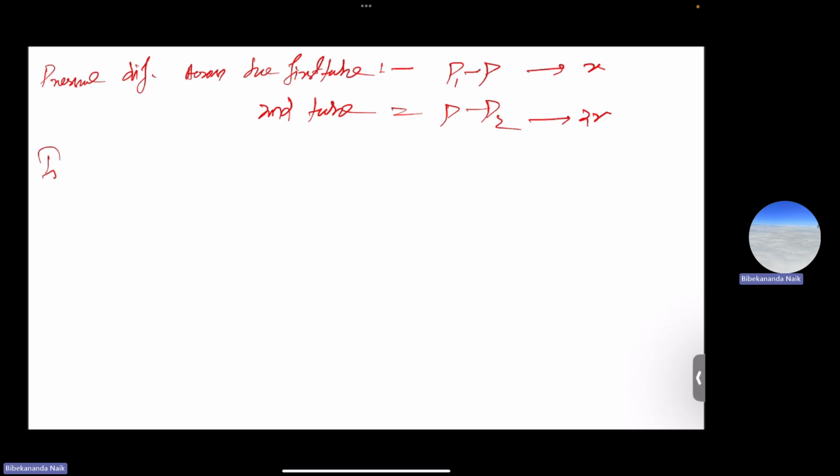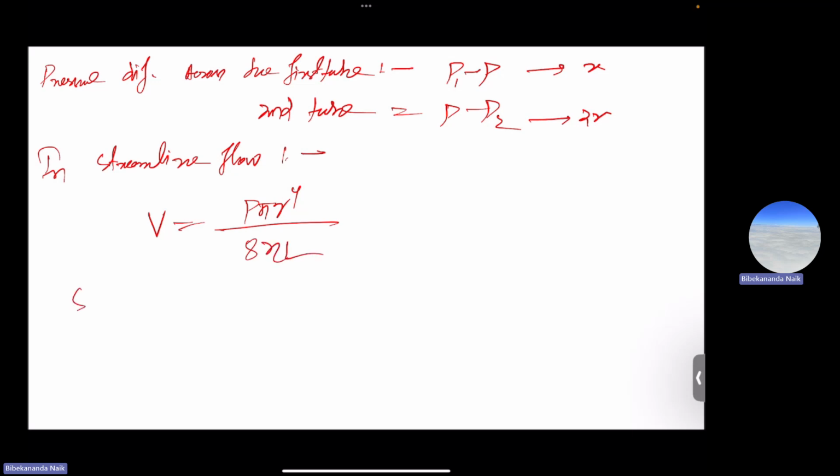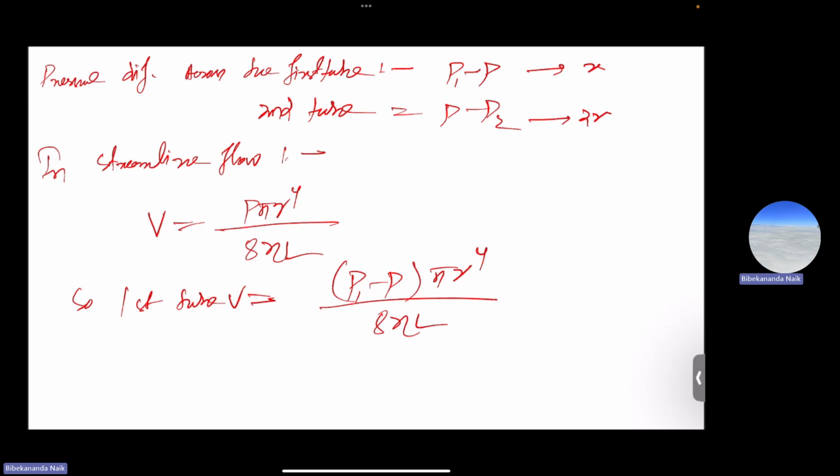So in streamline flow, V is P pi r to the power 4 divided by 8 eta L. So for the first tube, V equals P1 minus P pi r to the power 4 divided by 8 eta L. This is equation 1.